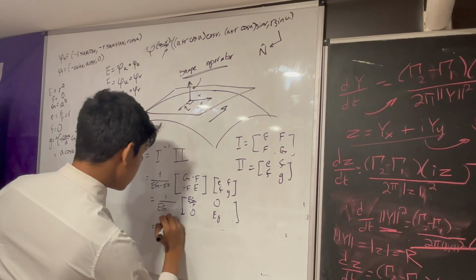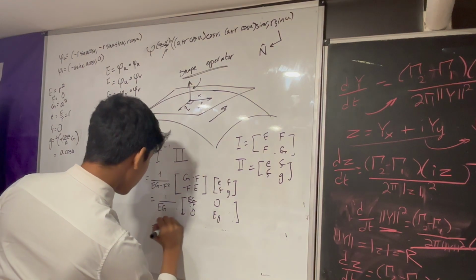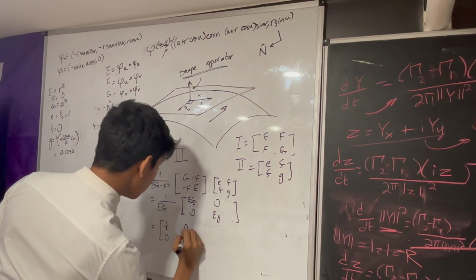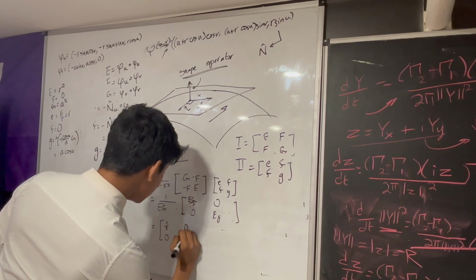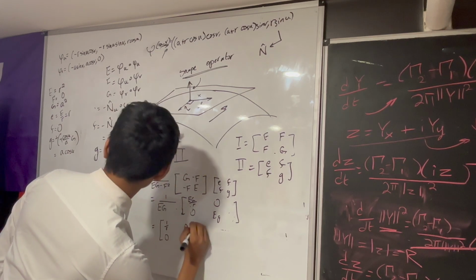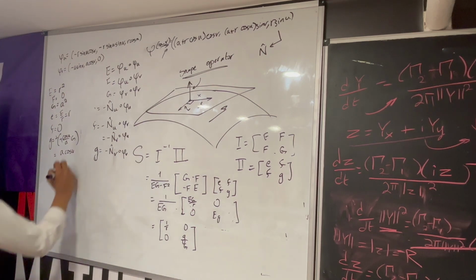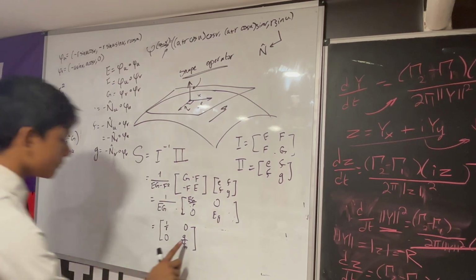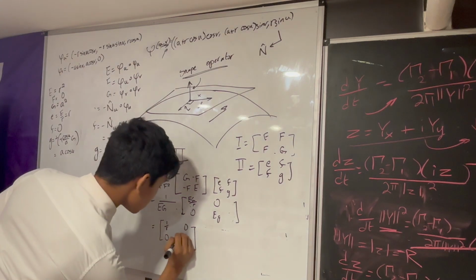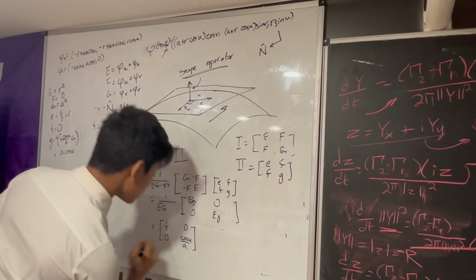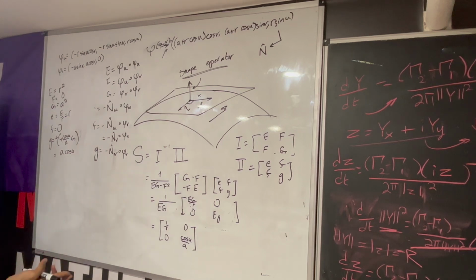Also equal to 1 over r, 0, 0, g over g. And it turns out g over g is just cosine u over a. Which means that the two principal curvatures are, wait a second.